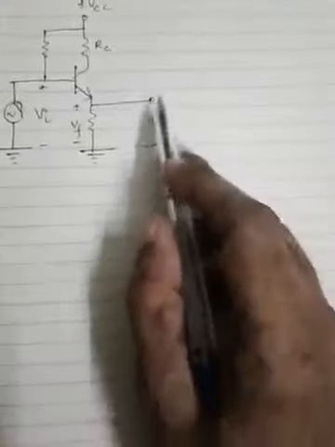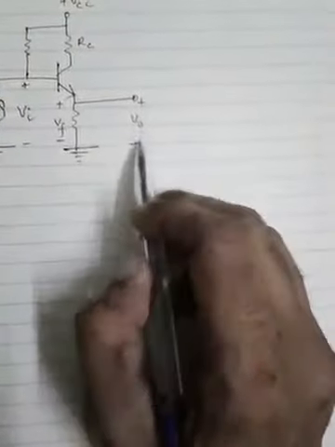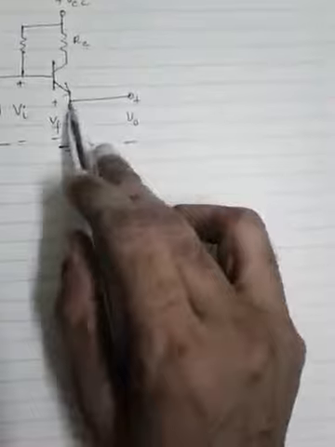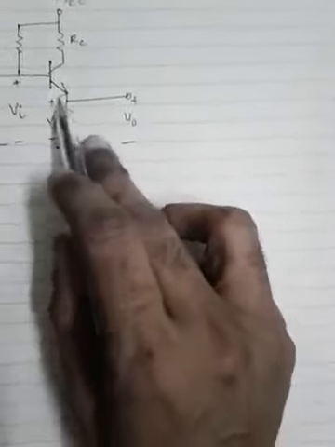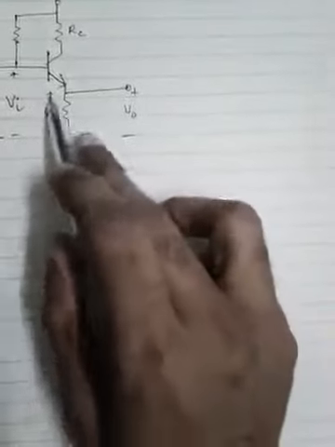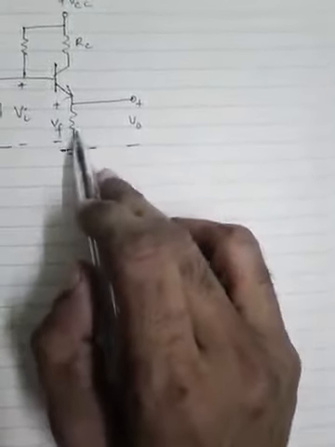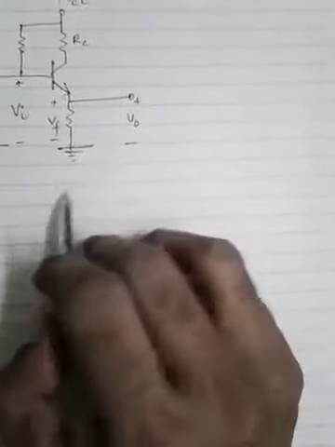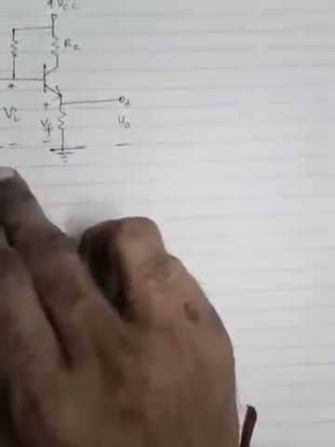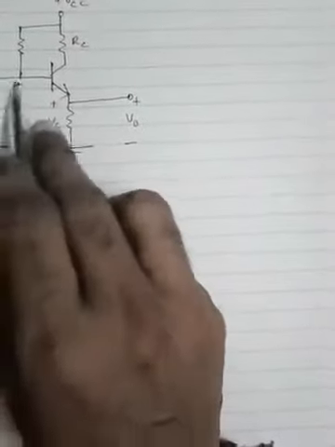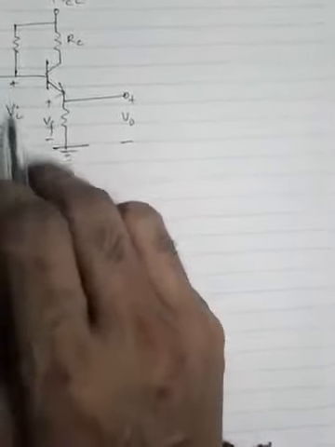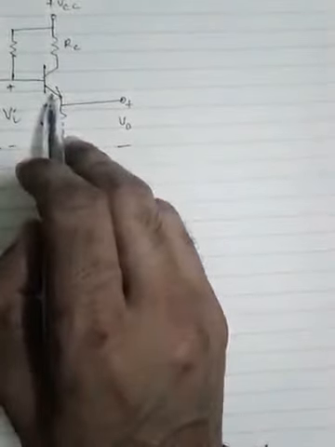You can see from here that at the output the voltage VO is taken between the emitter terminal and the ground, and that is taken as the feedback. So across this VO, this VF is being shown, and this VF is fed back through this ground to be connected with the ground of this VS. So VS minus VF is VI, that is taken out of this VS, and this VI is driving this transistor BJT.